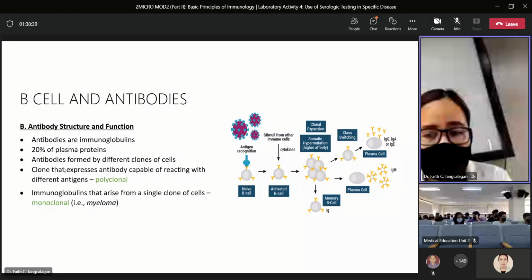This clonal expansion can be polyclonal or monoclonal. If it's polyclonal, there is reaction to different antigens, while monoclonal only reacts to a single clone of cell. So that's how expansive your immunoglobulin is.